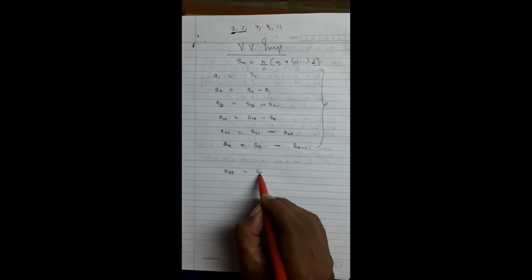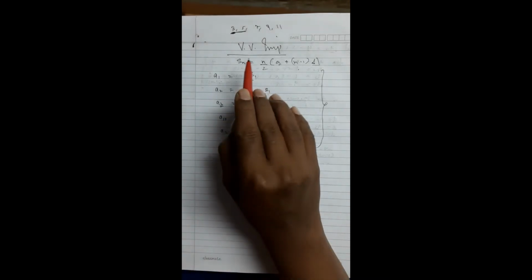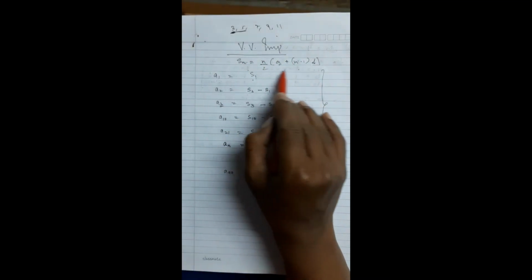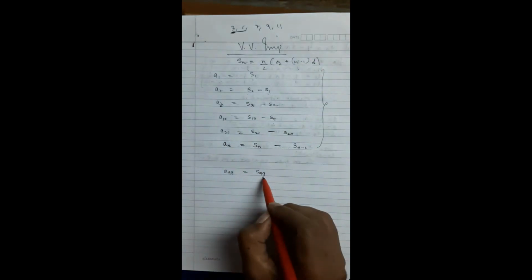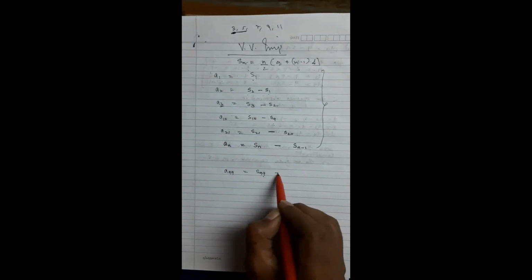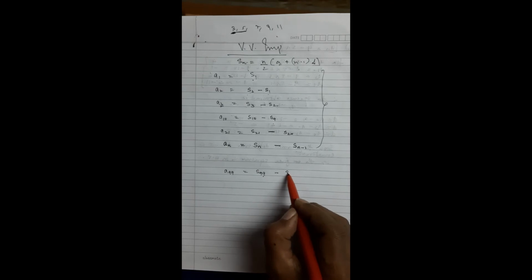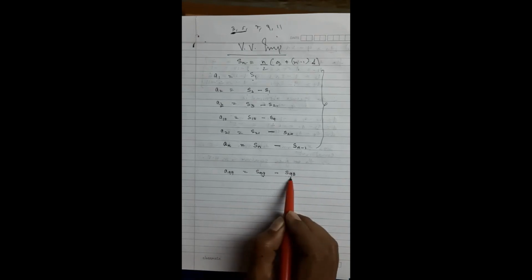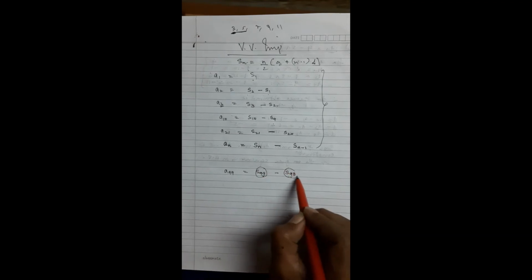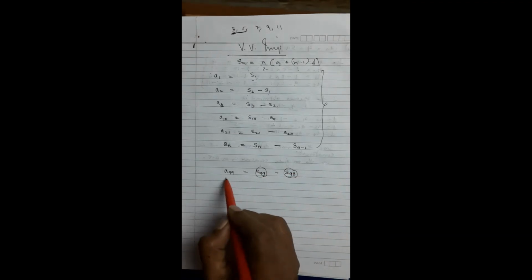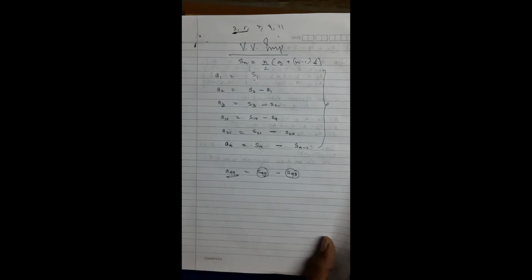You will first find S99, using n is equal to 99 in this formula. Then find S99 minus 1 n behind, S98. When you subtract the two values, you will get A99. Remember this.